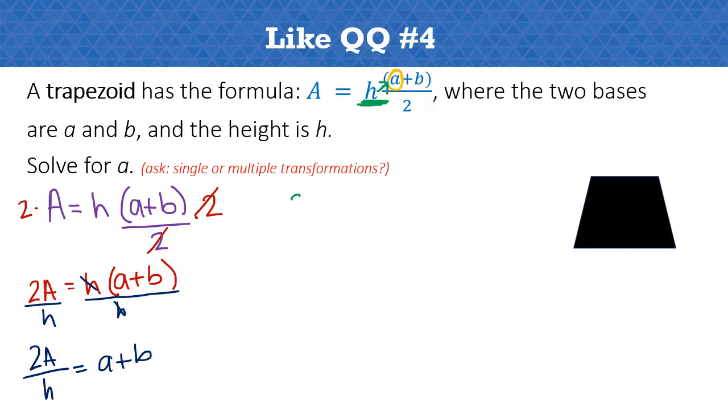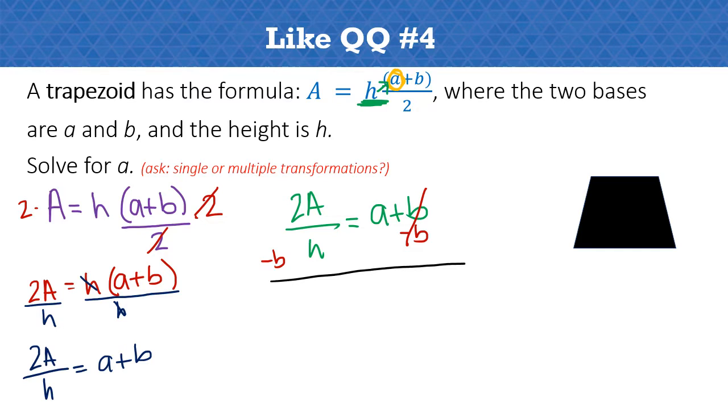I'm going to bring this whole thing up here so we have more space. Now, what's being done to that a? Remember, we need to get the lowercase a by itself. What's being done to that a is we're adding b. So now we're going to subtract b from both sides.